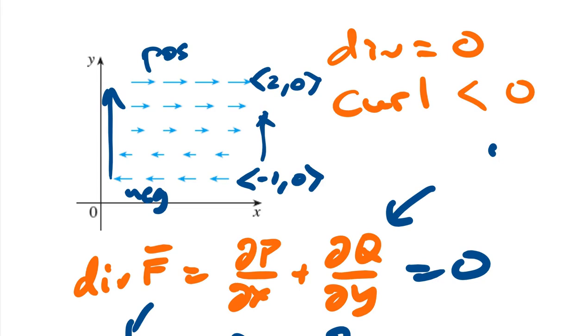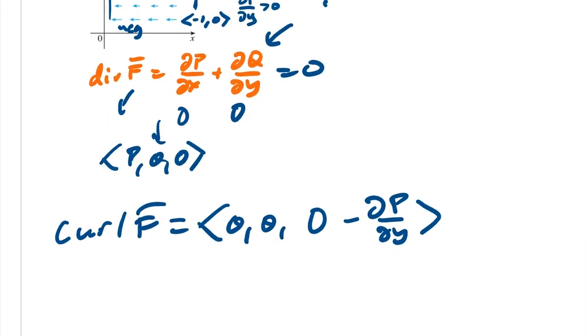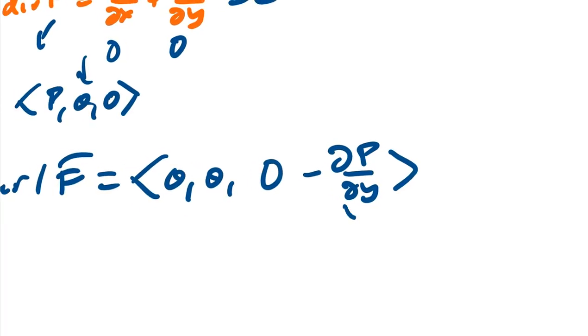So the partial of p with respect to y, I'm sorry, is greater than 0 here. The x values are changing in the positive way going in the y direction. So this thing here is positive. We took a negative on it. So the negative times a positive is a negative.